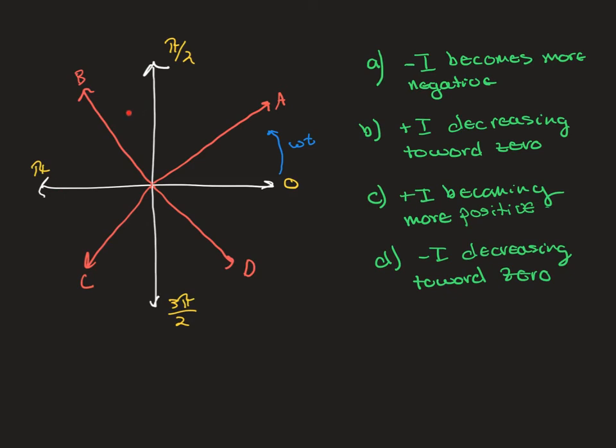So here we're going from being negative to becoming more negative. So A matches with B. In our second one, we have a positive current that's decreasing towards 0. So positive is on this side, and we want to decrease towards 0. So cosine of 0 is 1, cosine of pi over 2 is 0, so that would match with A.